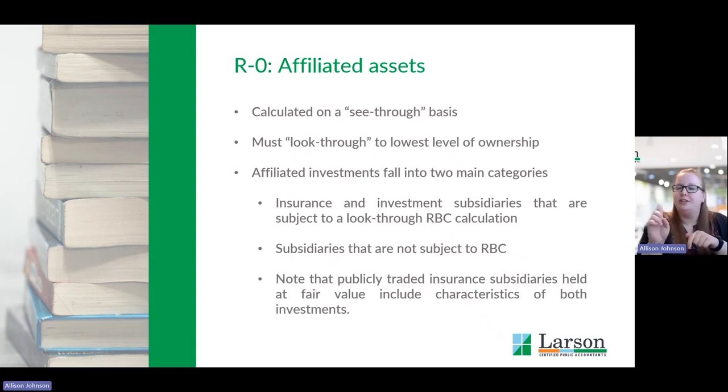You have those that are insurance subsidiaries or investment subsidiaries that may already be subject to their own RBC calculation. The other category would be subsidiaries that aren't subject to their own RBC calculation. Note that publicly traded insurance companies have aspects of both in them, but we'll talk through examples of how these are impacted and what the RBC charges.